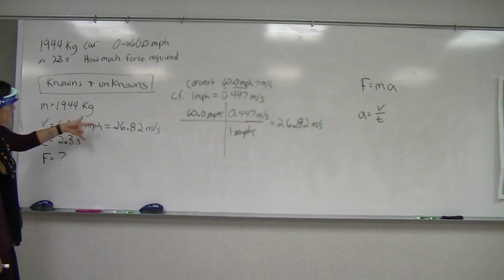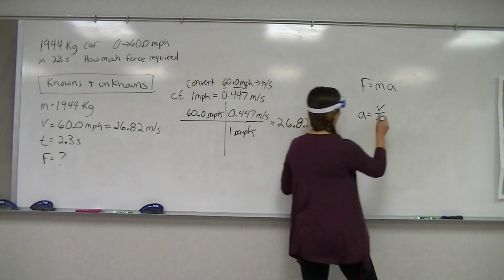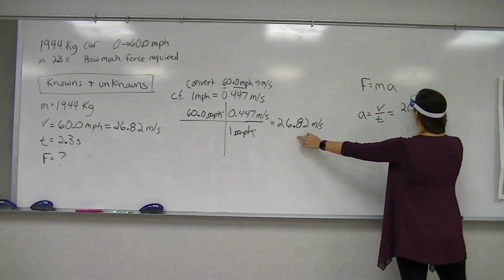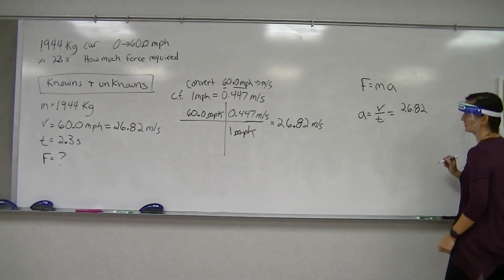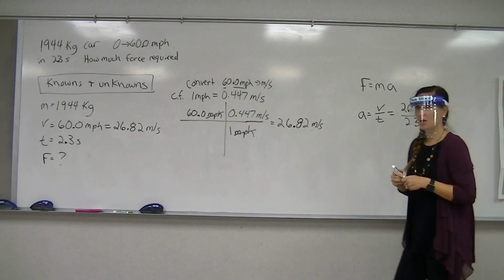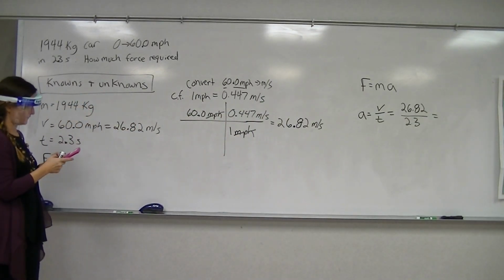When I use it, I need to make sure I'm using the meter per second version, not the miles per hour version. So my velocity, 26.82, goes on top. The time, 2.3 seconds, goes on bottom. So calculating that out, I will figure out the acceleration of that vehicle.